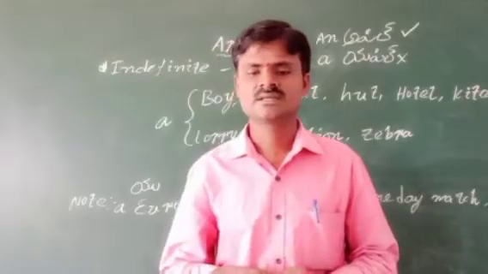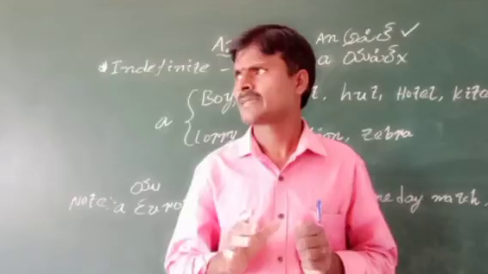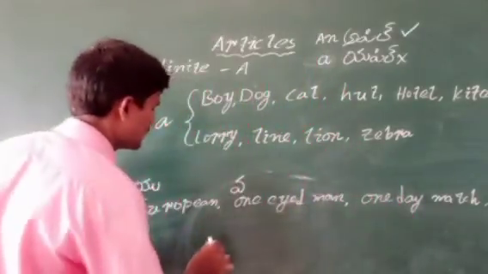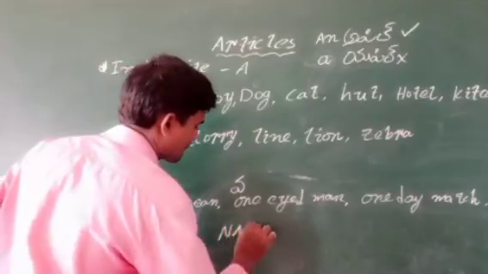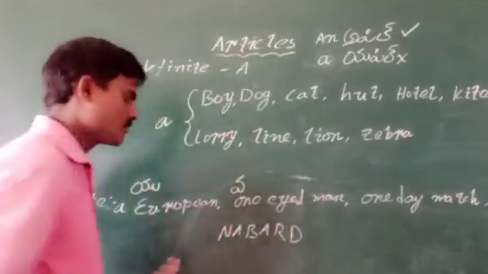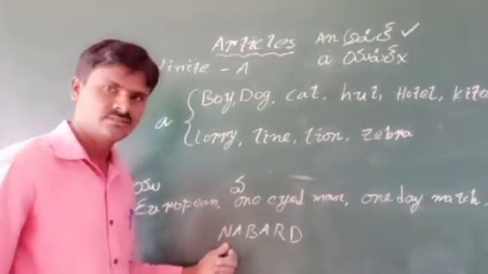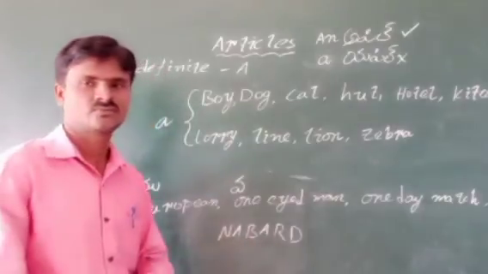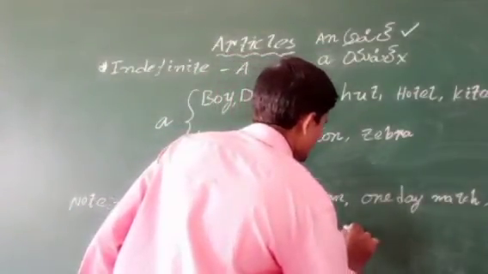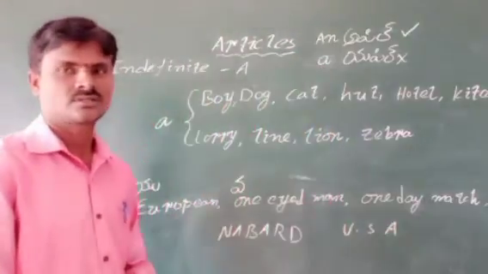Next, acronyms. Suppose NABARD. This is an abbreviation, but we can pronounce this word. USA, we cannot pronounce as a word.